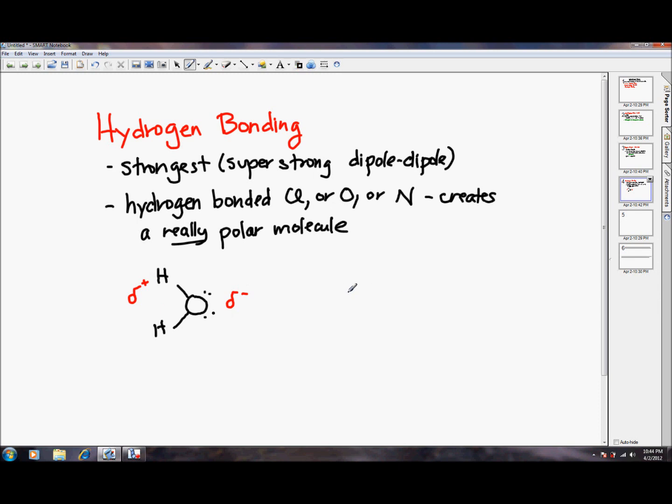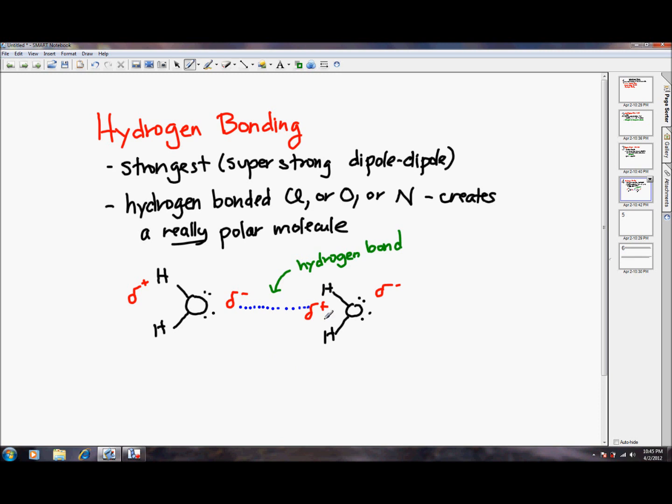So if there's another water molecule close by, it has a negative end and a positive end. So the attraction between the negative end of this water molecule and the positive end of another water molecule, this right here, that is what we mean when we say hydrogen bond.